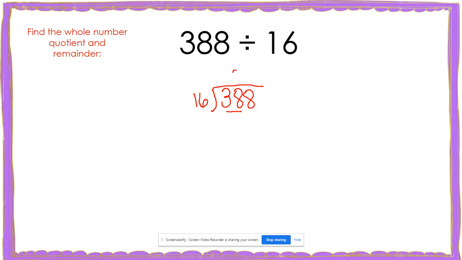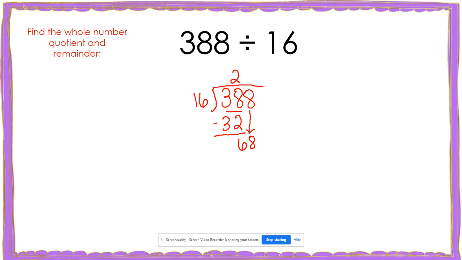I know that there are 2 whole 16s in 38, and I'm going to place my 2 above my 8 instead of above my 3. Now I'm going to multiply 2 times 16, which gives me 32, and I'm going to subtract. 38 minus 32 gives me 6. Now I will bring down my 8.